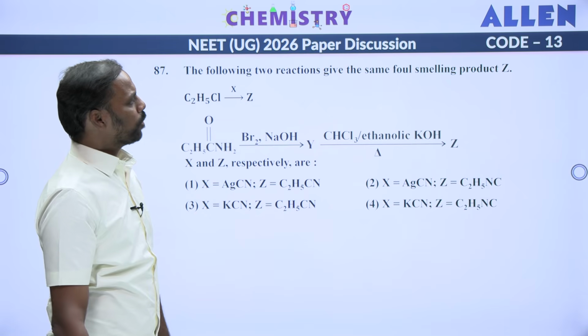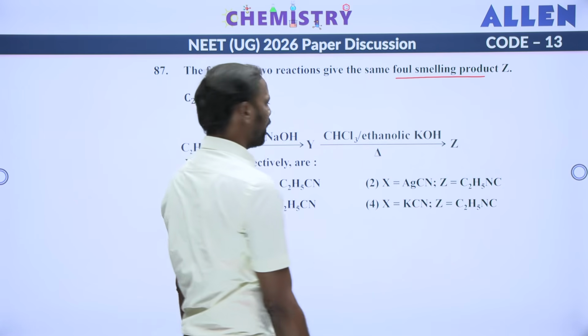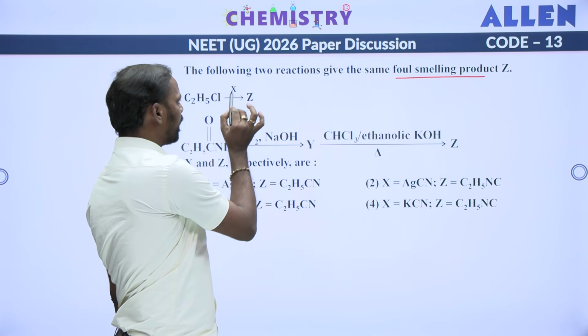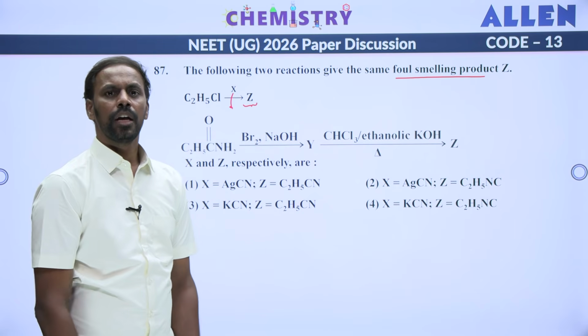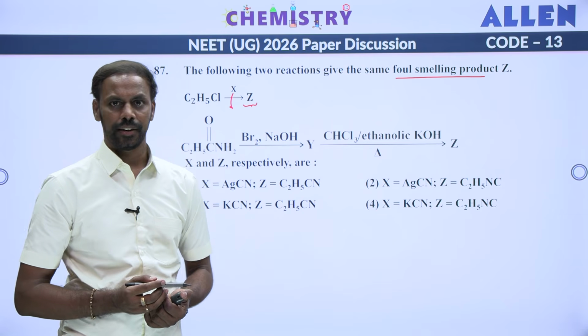Next, the following two reactions give the same foul smelling product Z. Okay, so what are they asking? See, ethyl alcohol treating with the reagent, we are getting Z. Foul smelling component is generally isocyanide.